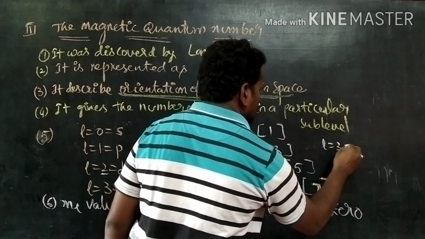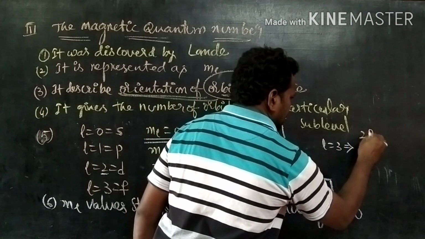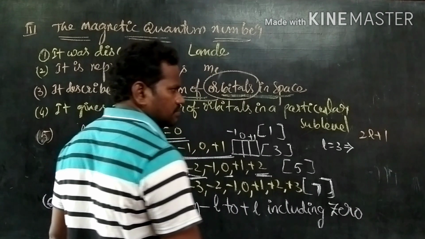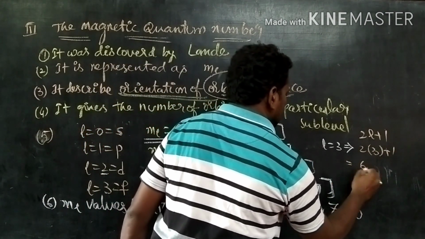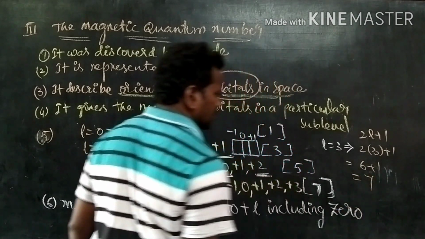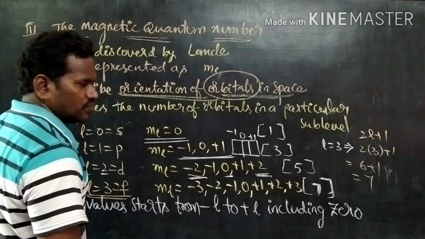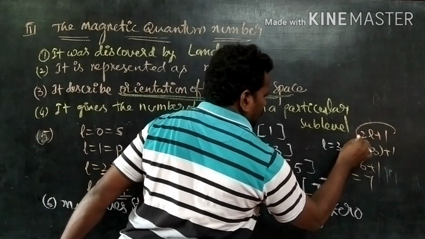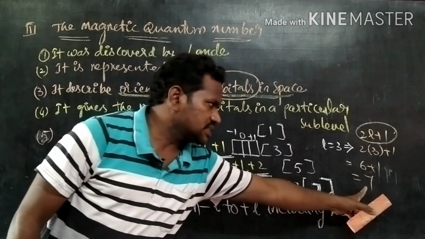Say L equals 3. How many orbitals are there? Apply the formula 2L plus 1: 2 times 3 plus 1, that is 6 plus 1, that is 7. Here, L equals 3 is the example we considered, and by applying the formula 2L plus 1, we get 7 orbitals.